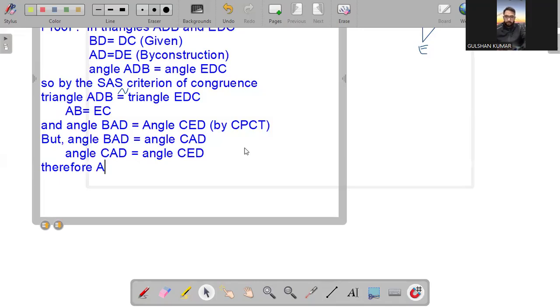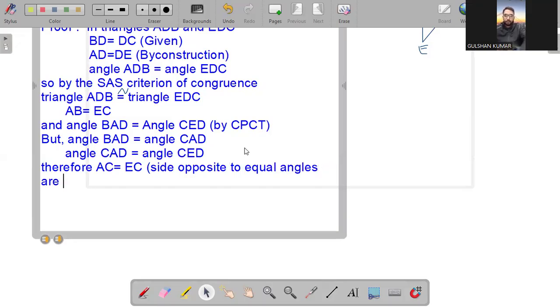Therefore, AC equals EC, since sides opposite to equal angles are equal.